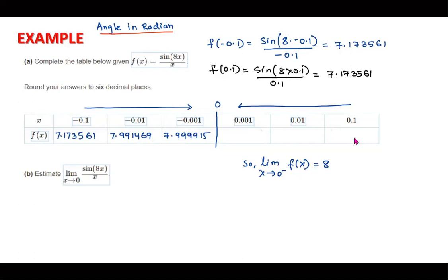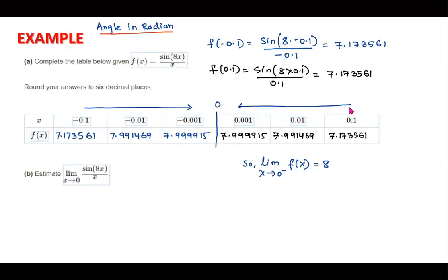So we get 7.173561. Similarly, if you plug in 0.01 into this function, you should get 7.991469. And if you plug in this third number, you'll get 7.999915.